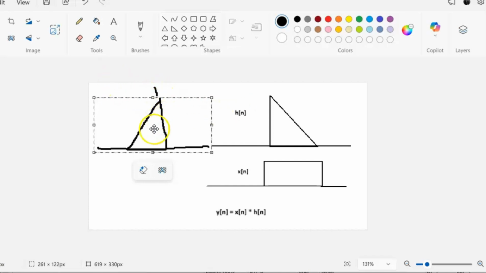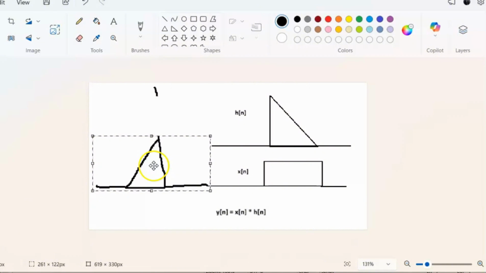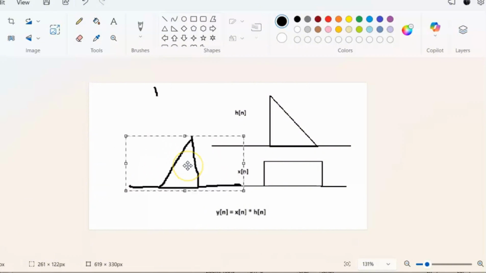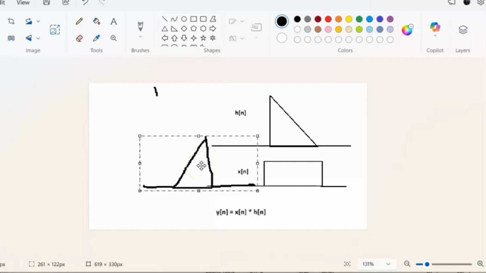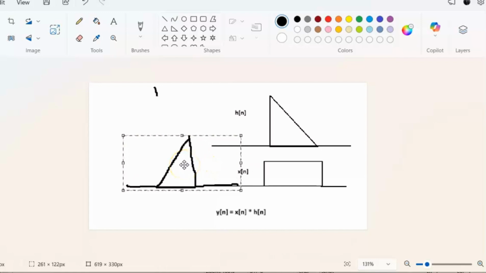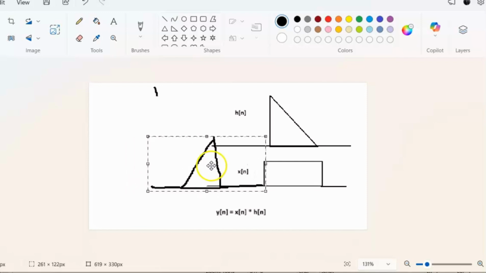So it's flipped, and then we slide it over the other signal, in our case x of n. So convolution is flipping one signal over the y-axis and sliding it over the other one.